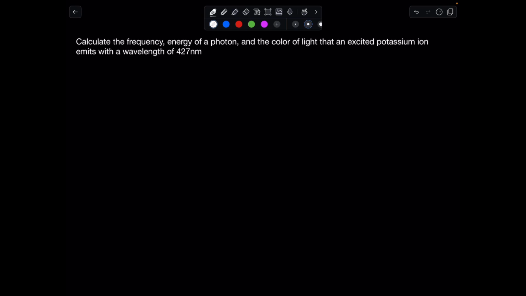In this video, we're going to calculate the frequency, energy of a photon, and the color of light that an excited potassium ion emits with a wavelength of 427 nanometers.